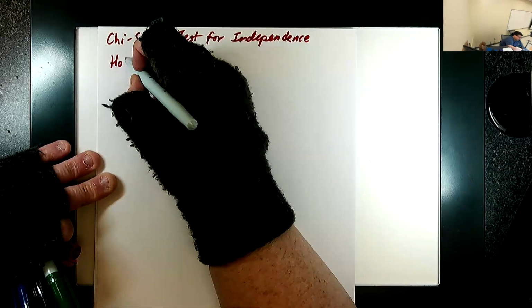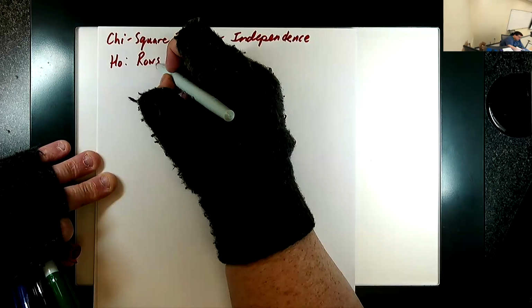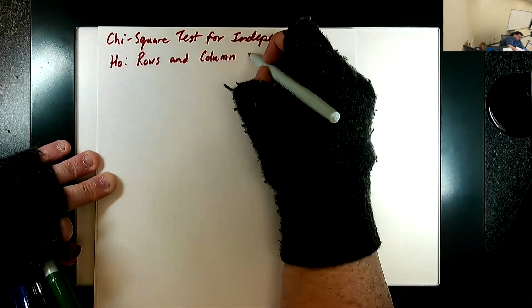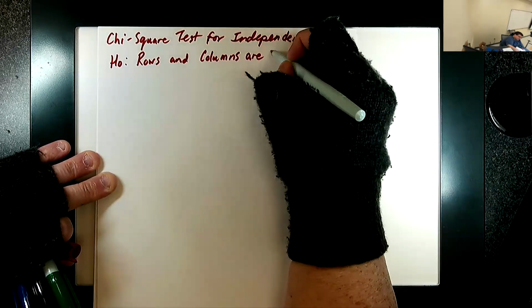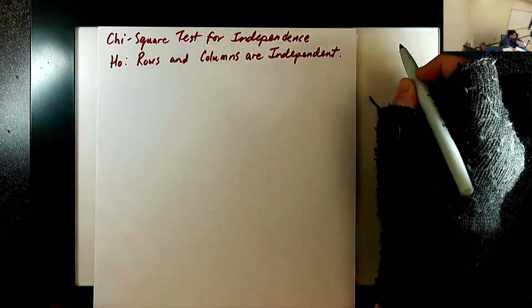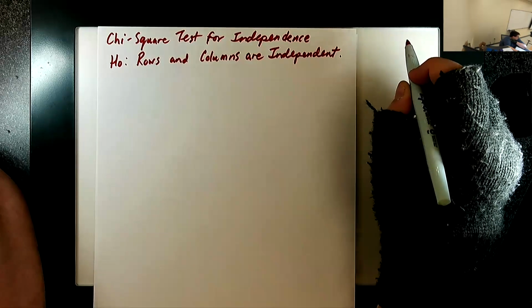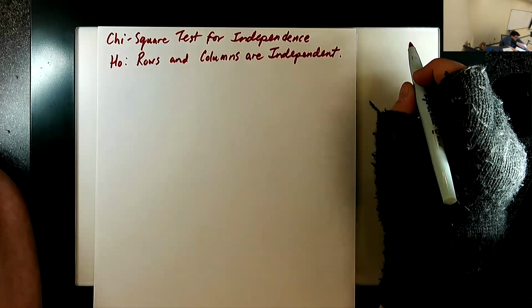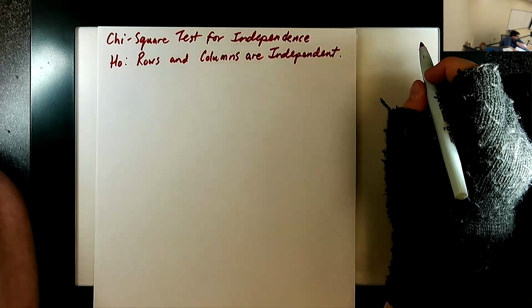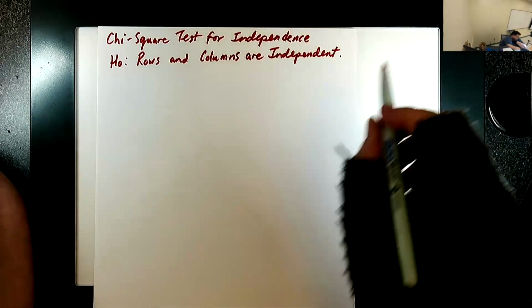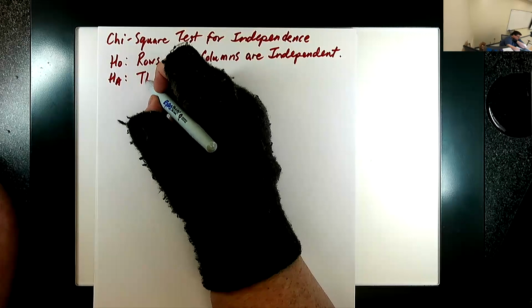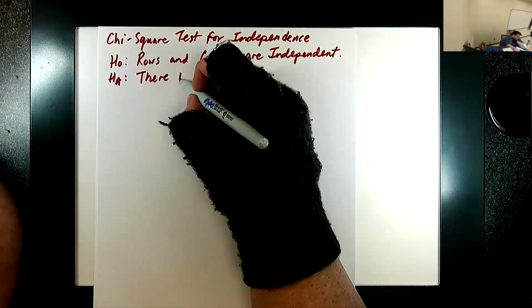H naught: rows and columns are independent. It's in the name, independence. HA is there is some form of dependence between rows and columns.